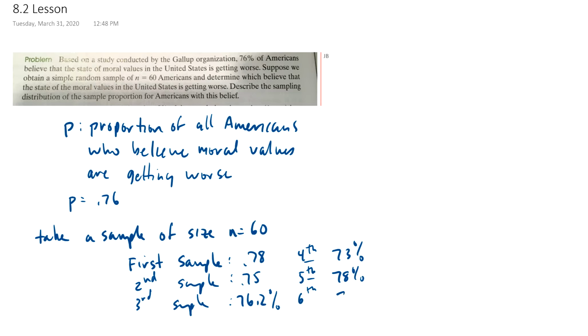Sixth, 87%. Is it possible that I could get an 87%? If the population average is 76%, is it possible they pick a random sample of 60 people and got 87%? Sure, it could happen. Is it likely? Not likely, right?